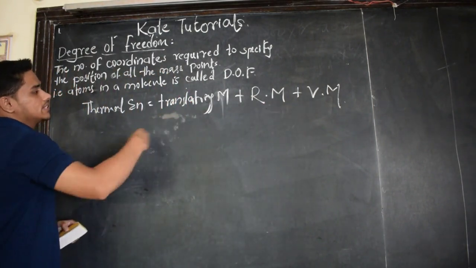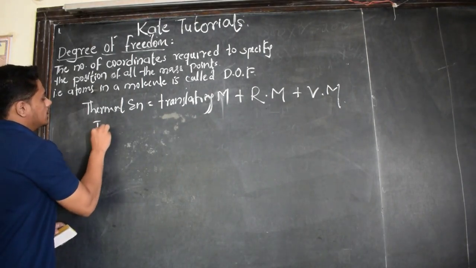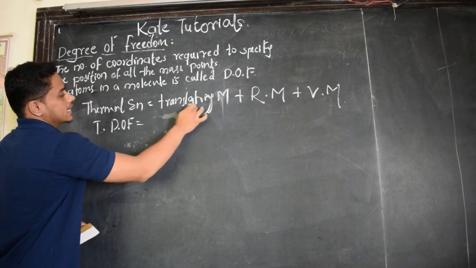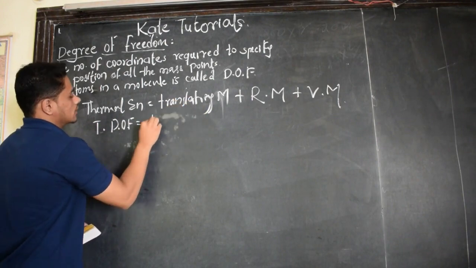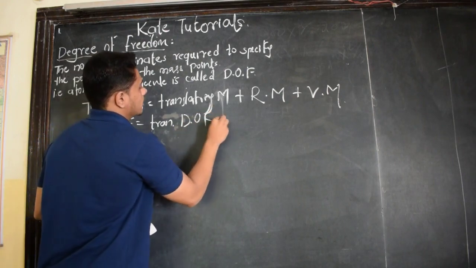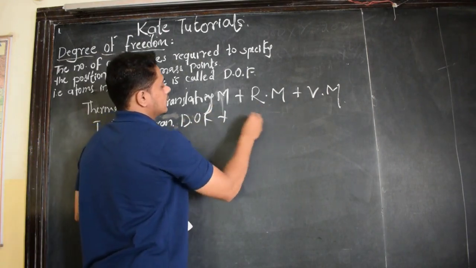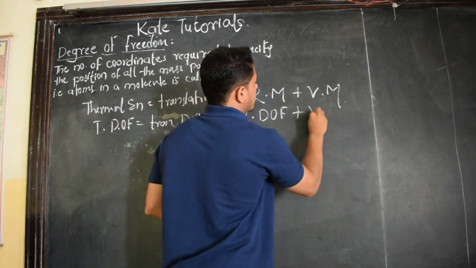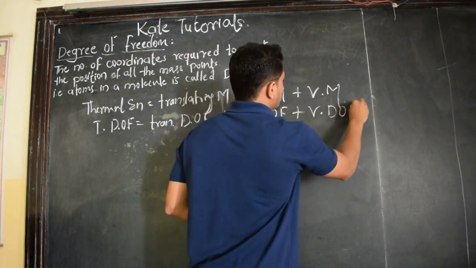So this can be generally written as total degrees of freedom is equal to translational degrees of freedom plus rotational degrees of freedom, and finally vibrational degrees of freedom.